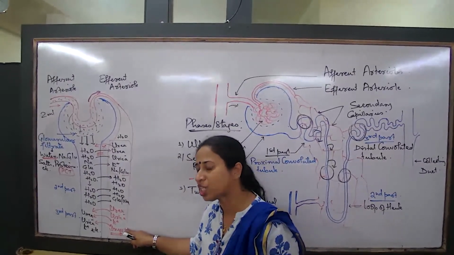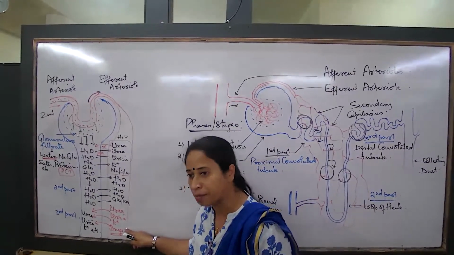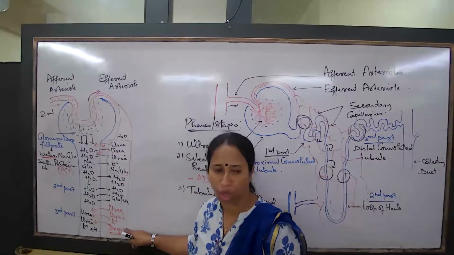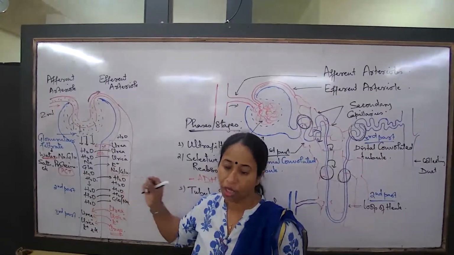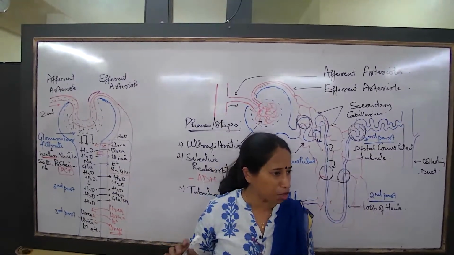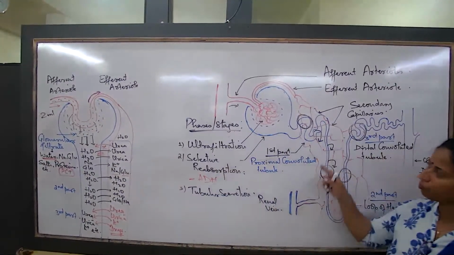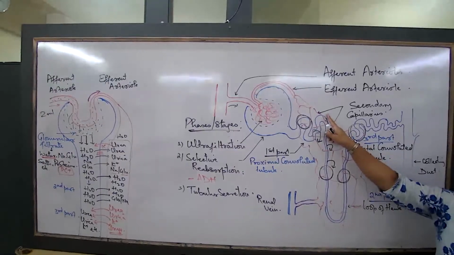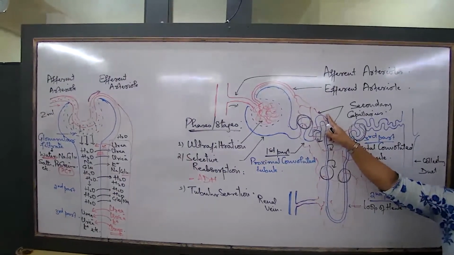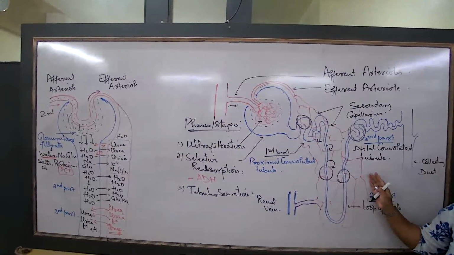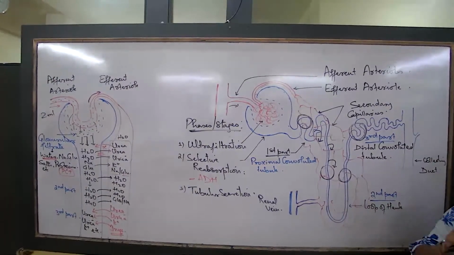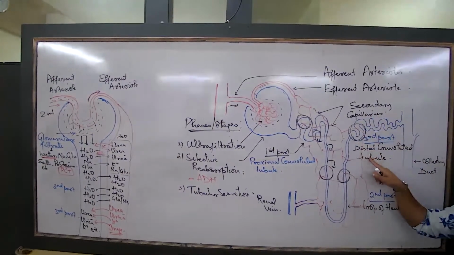Movement, diffusion of toxic substances from the blood towards the tubule. Where does selective reabsorption take place? When you write your answers, you have to mention: selective reabsorption takes place in the first and the second part of the tubule. Where does tubular secretion take place? In the third part of the tubule.